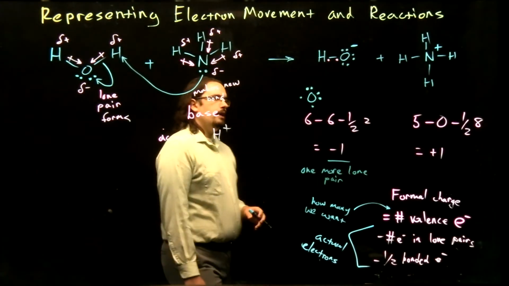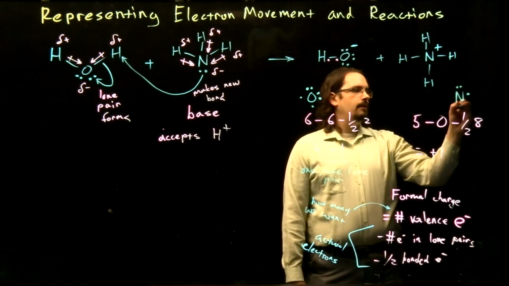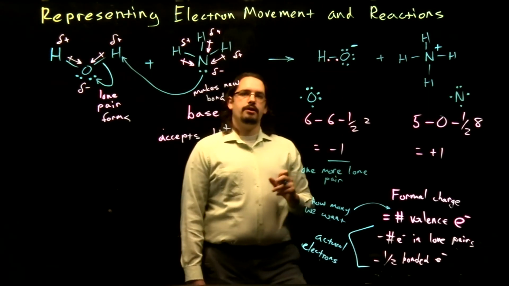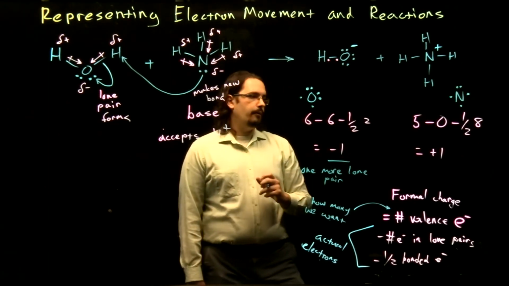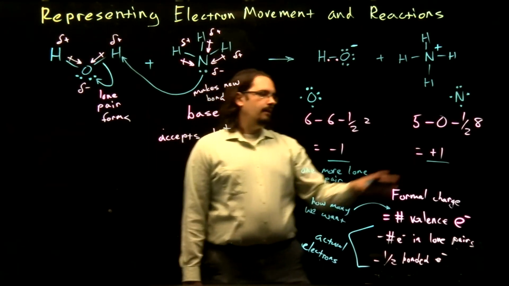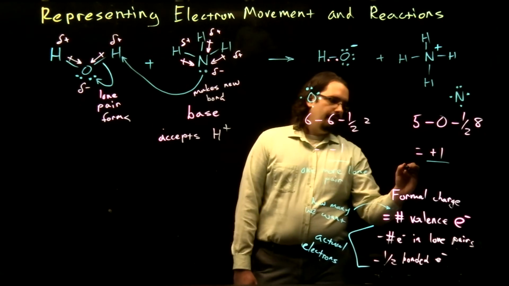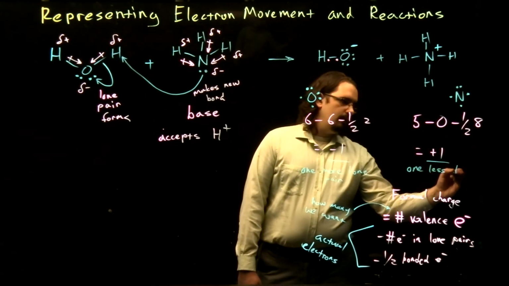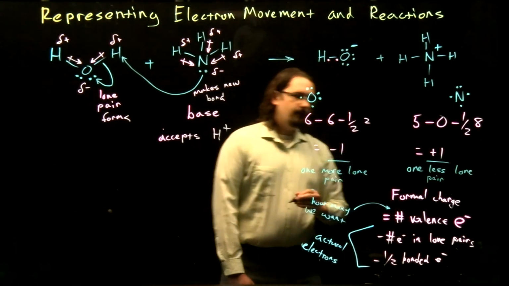Over here with our nitrogen, we'd normally expect to have 5 valence electrons with 1 lone pair. As you can see here in our structure, we have 0 lone pairs, so we have 1 less lone pair than we expect. Whenever we have fewer lone pairs than we expect, that means we should expect to see a positive formal charge on that atom. So we have 1 less lone pair, and we end up with this positive formal charge.